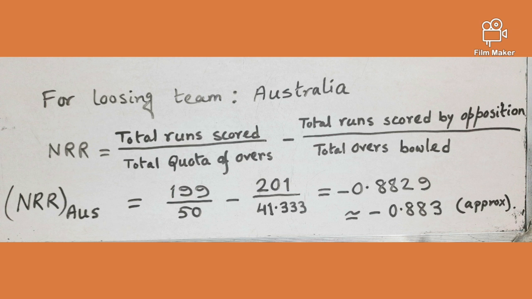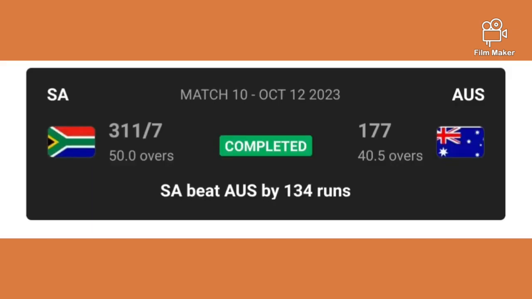So after the first match, India gets plus 0.883 in the net run rate, and Australia has a net run rate of minus 0.883. Meanwhile, India played another game with Afghanistan, as we mentioned earlier, and won the game.